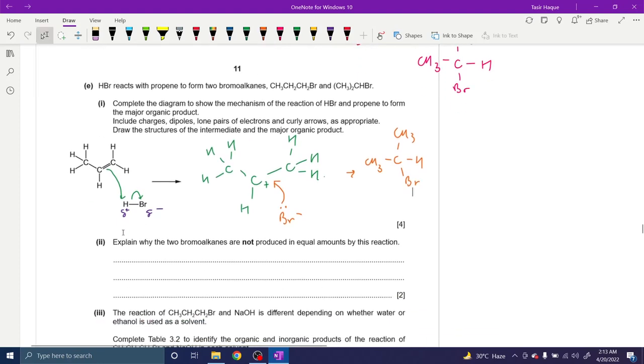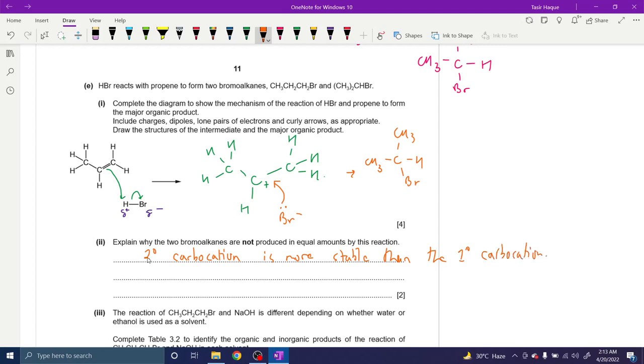So why are they not produced in equal amounts? Why is this the major product? Mainly because you need to make a comparison. The 2-degree carbocation formed here is more stable, keyword is more stable, than the 1-degree carbocation. Why?